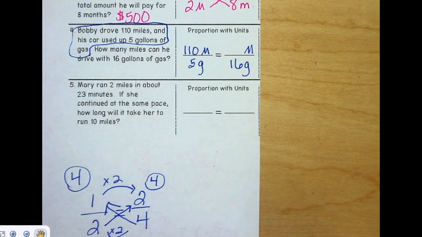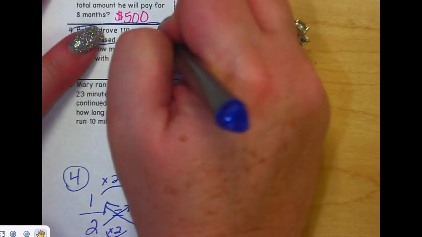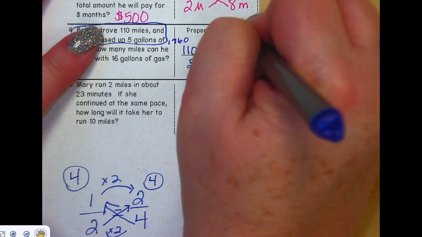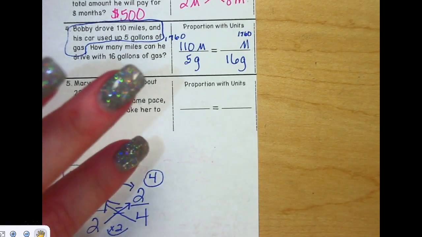Give it a try. Cross multiply and then divide. 110 times 16. $1,760, is that right? 1,760. 1,760 divided by 5? 352 miles.